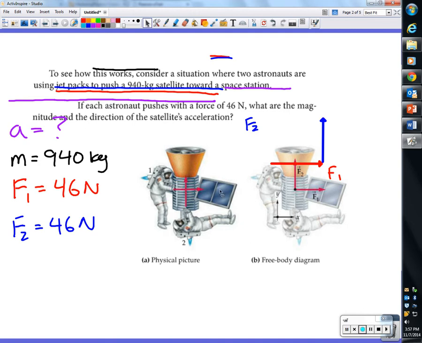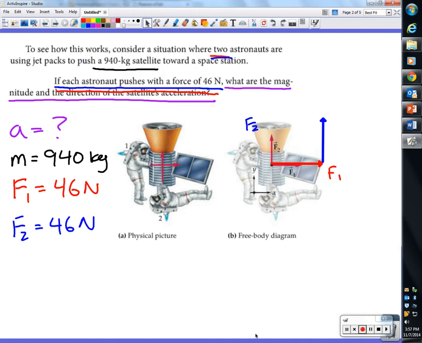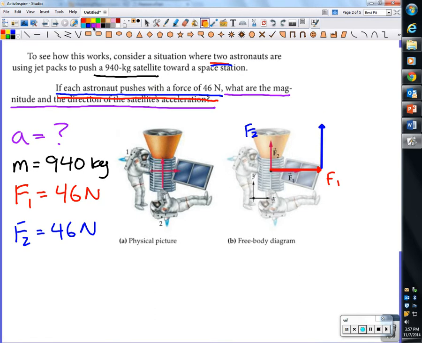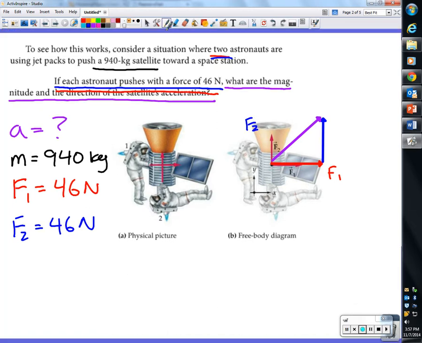Then we said that the resultant vector is drawn from the beginning of the first to the end of the last. Just like that, same thing we did back in chapter 4, finding the resultant displacement or finding the resultant velocity. Now we're using forces. That pink vector drawn on this picture is the vector sum of force 1 and force 2.